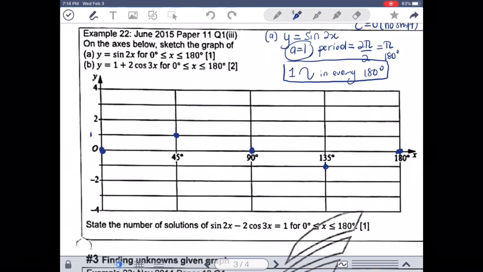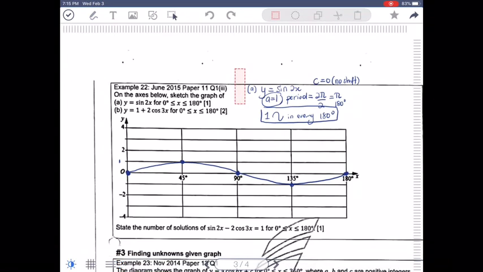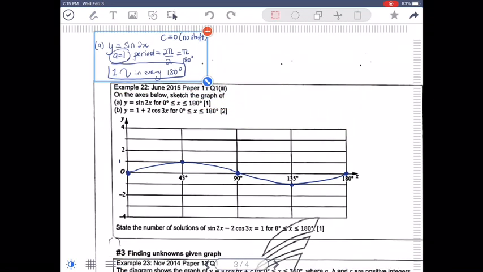It shouldn't be sharp. It should be curvy. So do it slowly. Okay, that looks fine. Done with A.